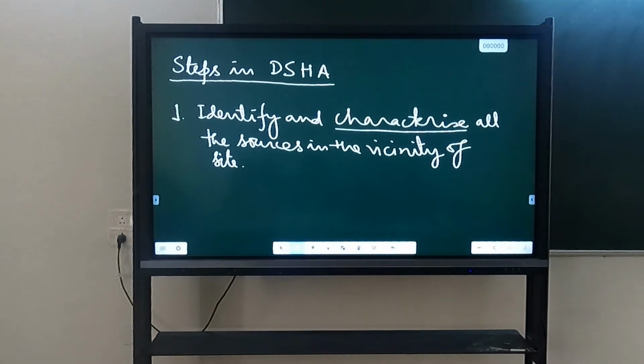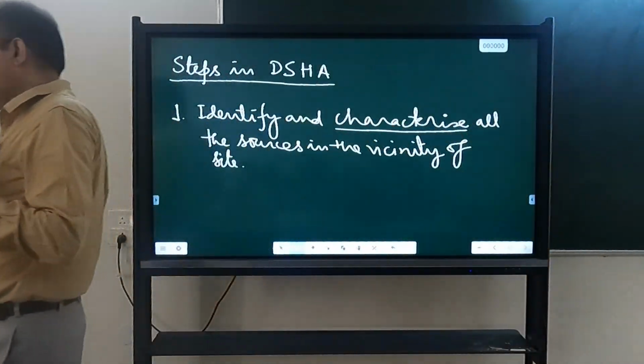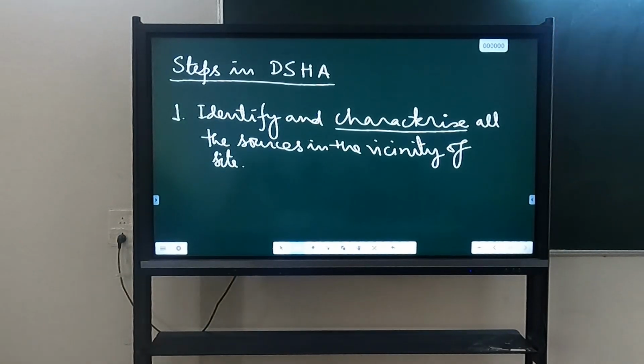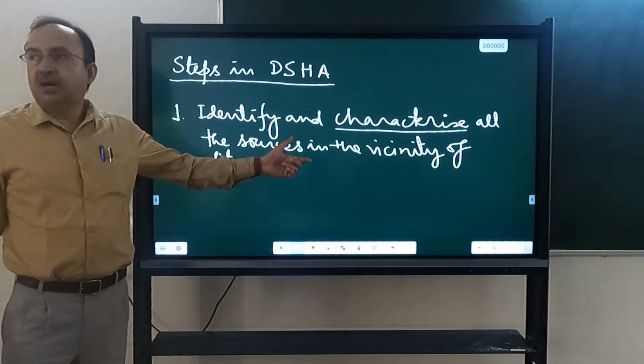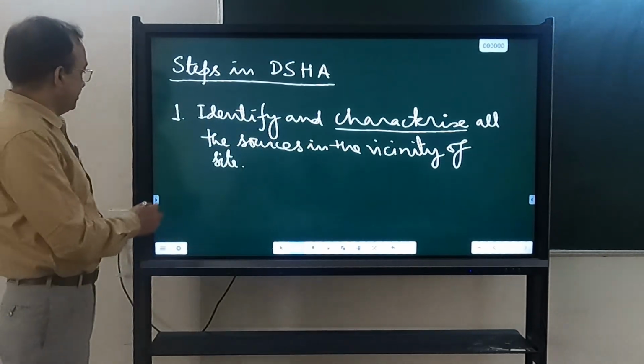So magnitude, then the type of the fault, because the same magnitude earthquake, if it is having different fault mechanism, that means normal, reverse, strike slip, may cause different intensity of the ground. So all those characteristics are needed. So that is the characterization.